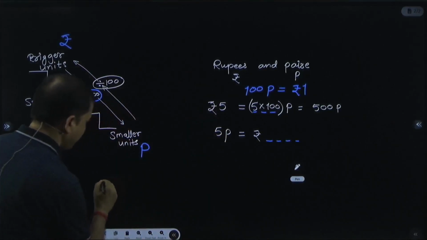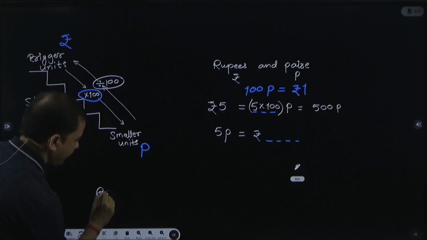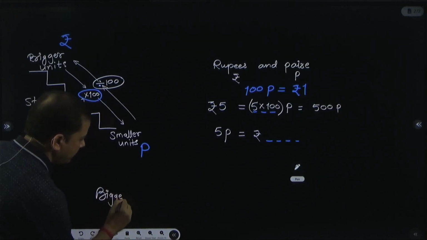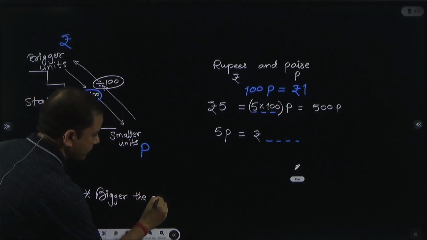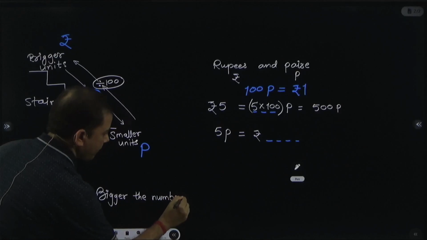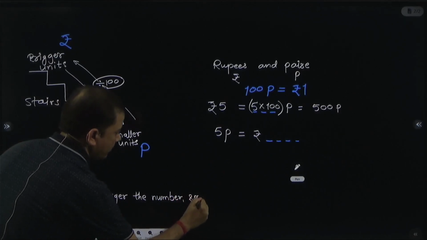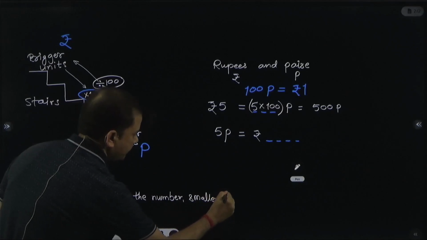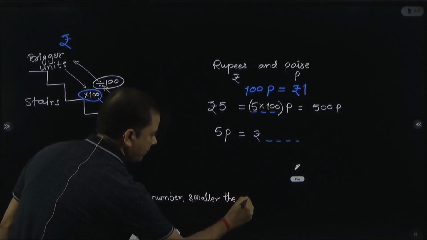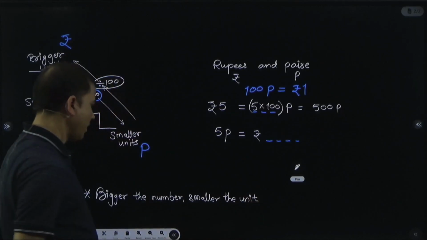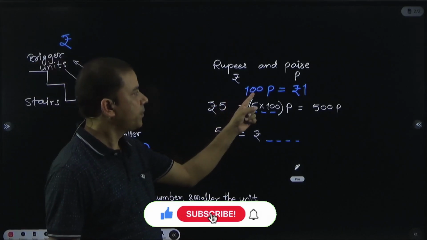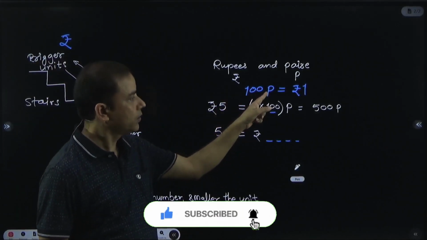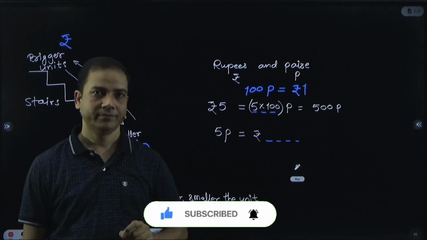Let's write it here. Bigger the number, smaller the unit. Number is bigger here, that means paise, the unit, is smaller.